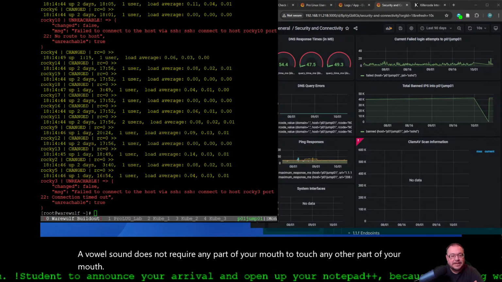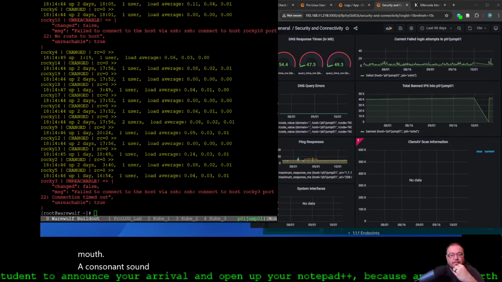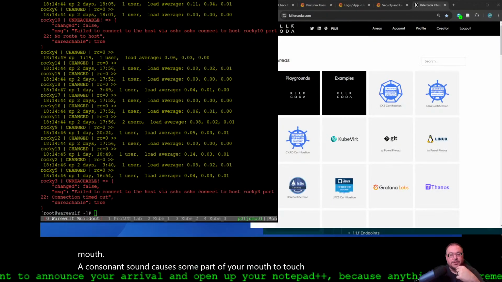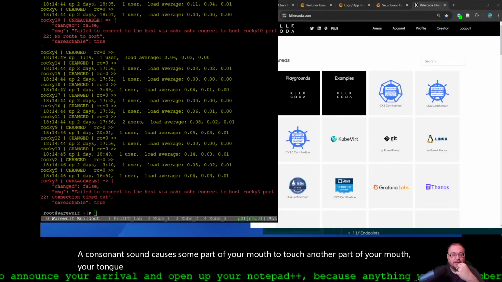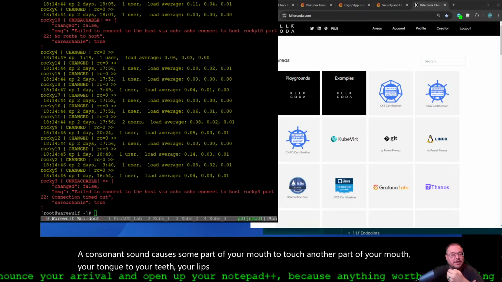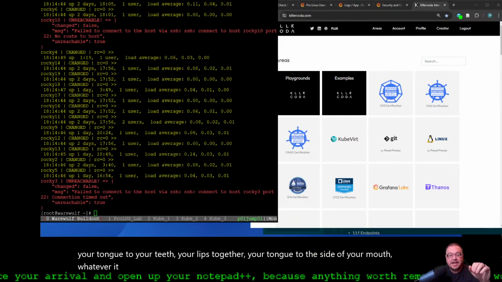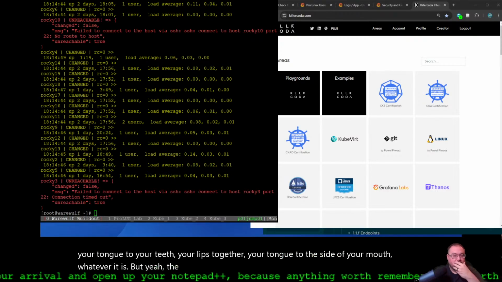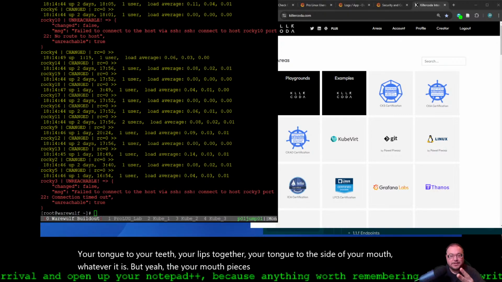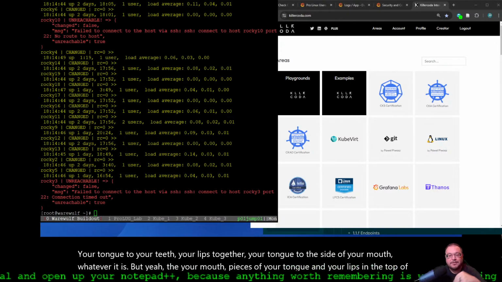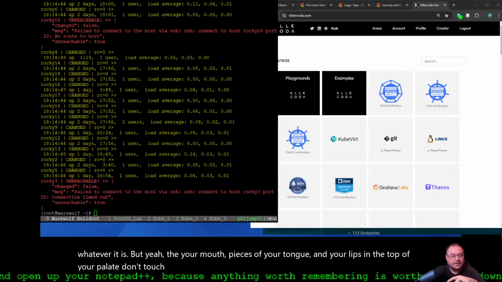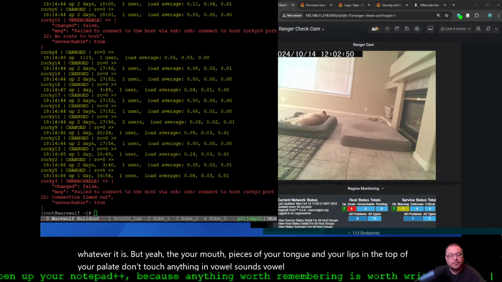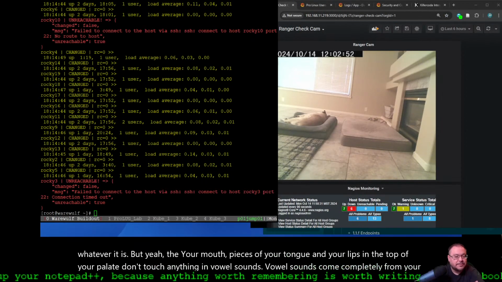A consonant sound causes some part of your mouth to touch another part: your tongue to your teeth, your lips together, your tongue to the side of your mouth, whatever it is. In vowel sounds, your tongue and lips and palate don't touch anything. Vowel sounds come completely from your throat. So that's what it is.